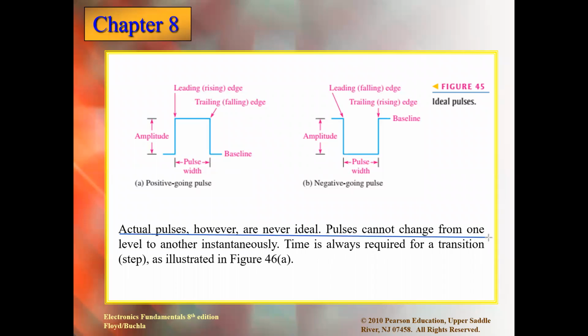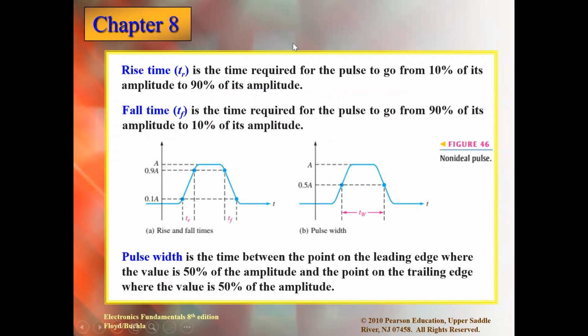Pulses cannot change from one level to another level instantaneously. Time is always required for the transition, to change the steps, as illustrated in this example. So on the next page we'll see the practical pulses. This is a practical one. So here, as I said, this is a baseline, and it is now changing to its maximum value. So it is taking some time to reach this value.